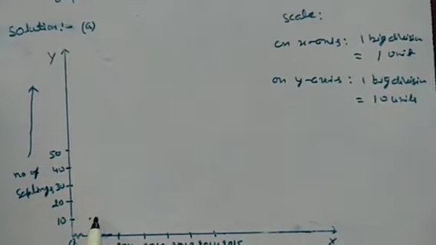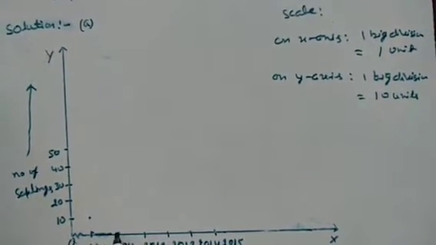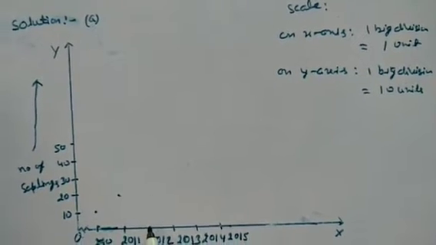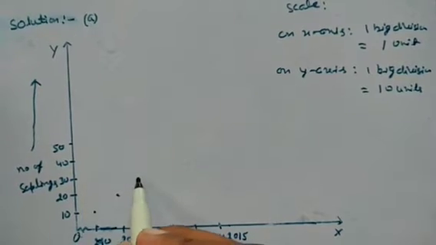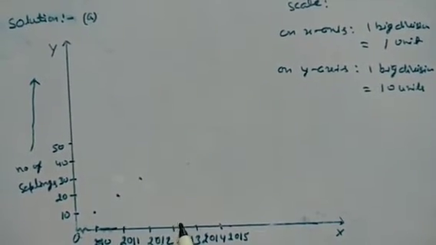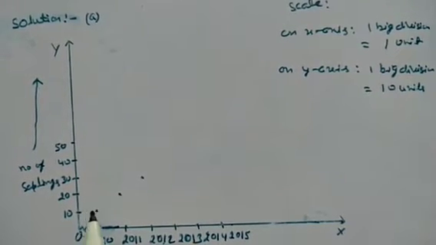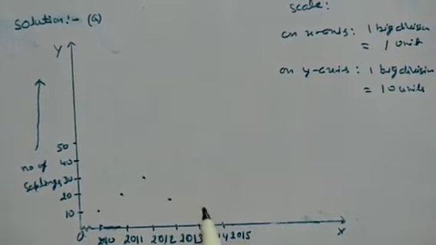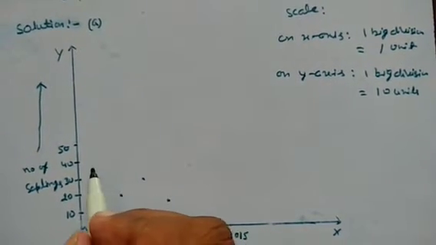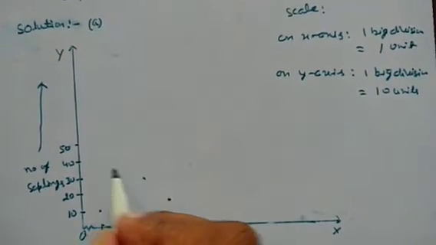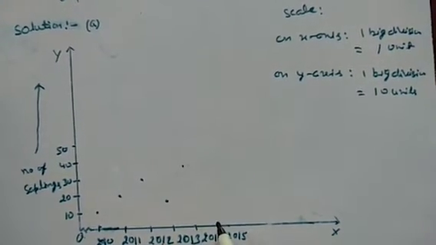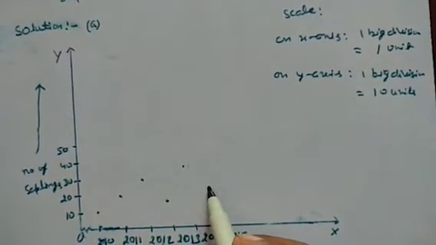So the first point comes here, and the second point 2011 and 20 comes here, and 2012 and 30 will be here, and 2013 and 15 will come here, and 2014 and 35 will come here, and 2015 and 25 will come here.